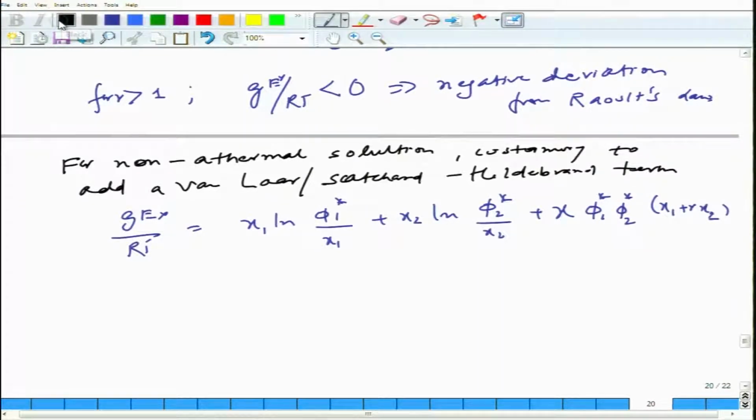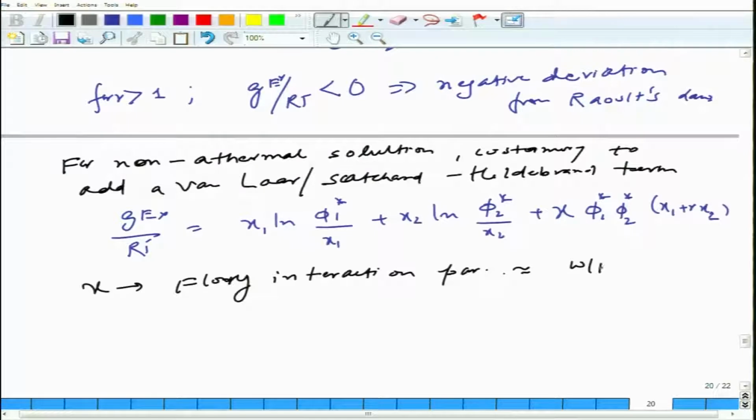Okay, so in this case, this chi parameter is called the Flory interaction parameter and is determined by the intermolecular forces.